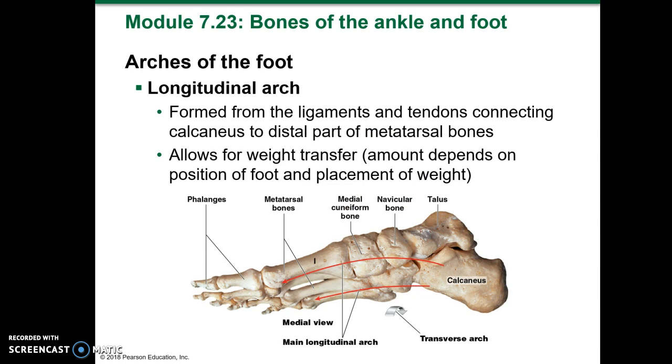If we look at the arches of the foot, we have the longitudinal arch, and there are 2 shown here, formed from the ligaments and tendons that connect the calcaneus to the distal part of the metatarsal bones. These allow for the weight transfer.